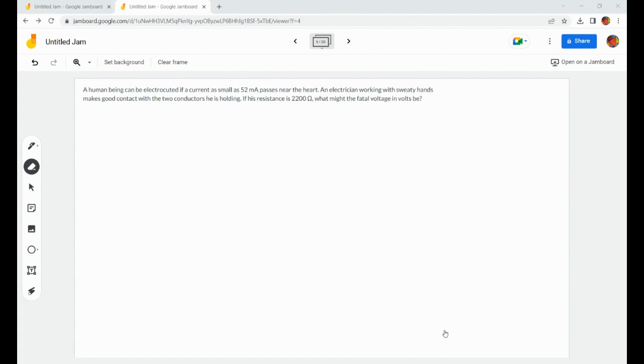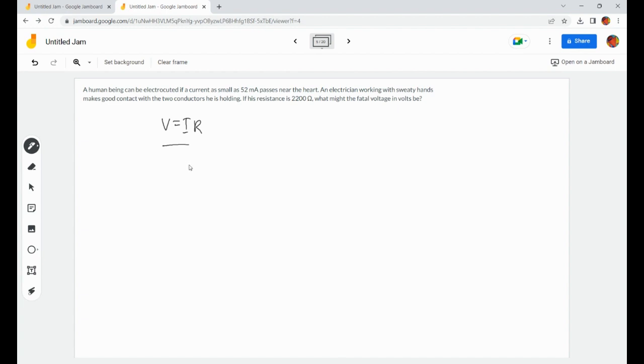I think the professor purposely put this question up because a basic V equals IR shows how dangerous a real world situation could be. Although I don't really view this as a real world situation, but V equals IR, how you solve this.